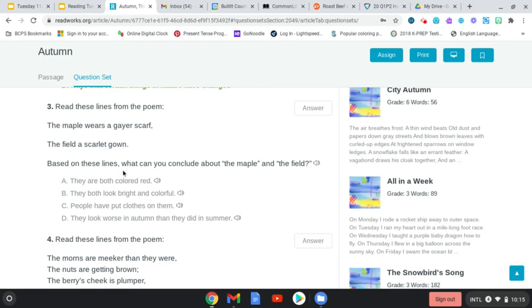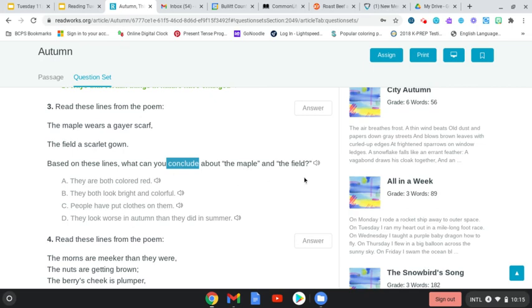Based on these lines, what can you conclude about the maple and the field? One thing right here, when it says, what can I conclude? Conclude is a way of drawing an inference. That's another word for drawing an inference. Okay. They just didn't say infer or inference. They said conclude, and it's the same thing.